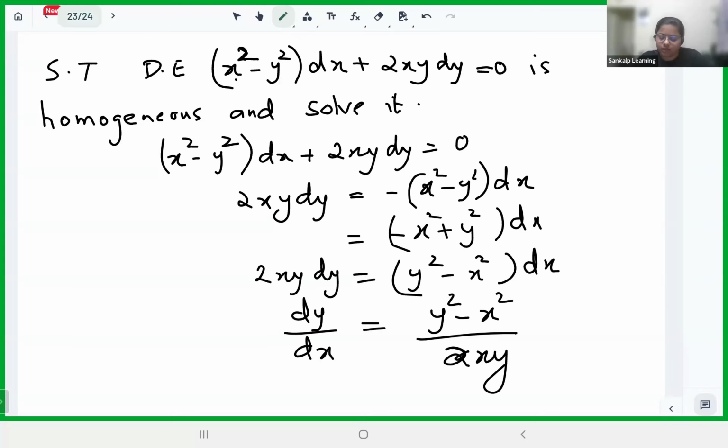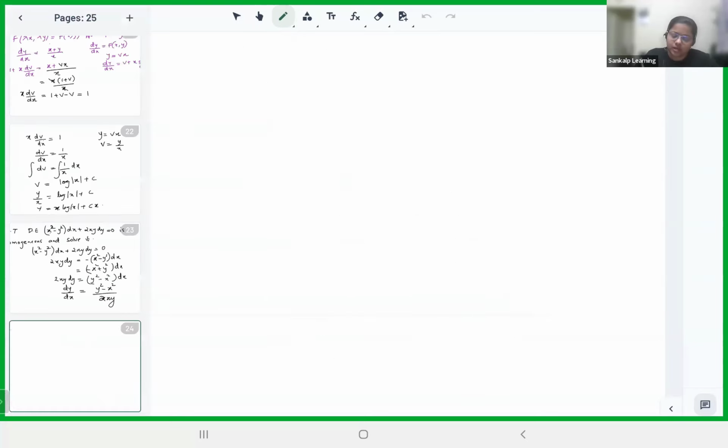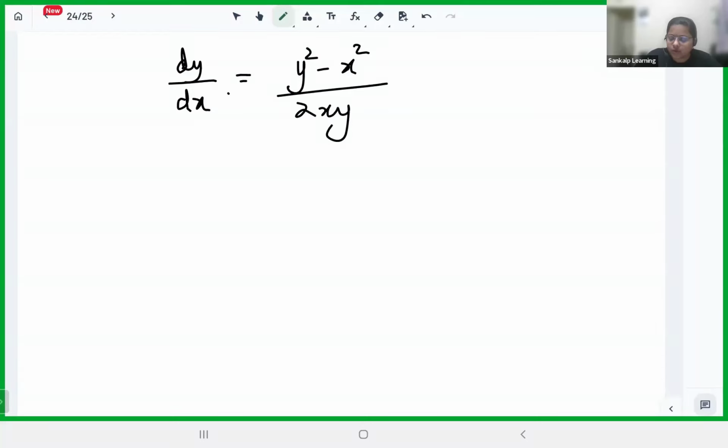Now we have got the differential equation of the form dy by dx is equal to some f of xy, that is a function in x and y. Here you can see that it's a function in x and y.